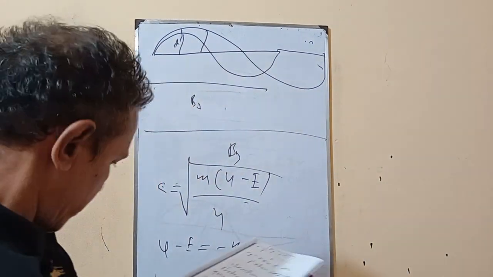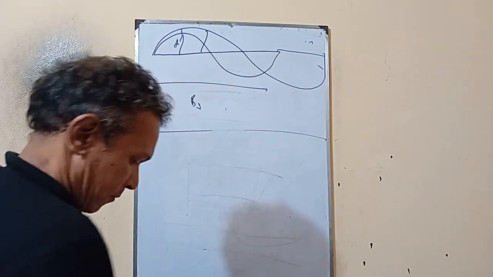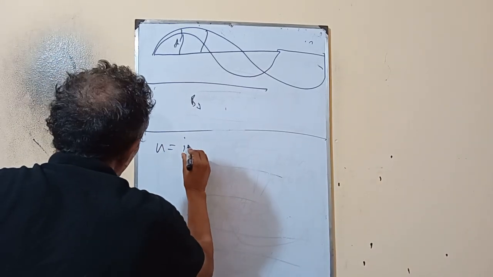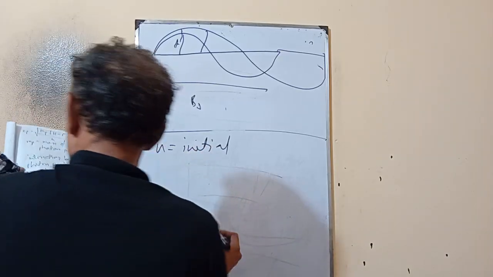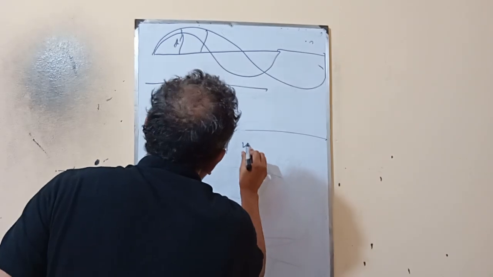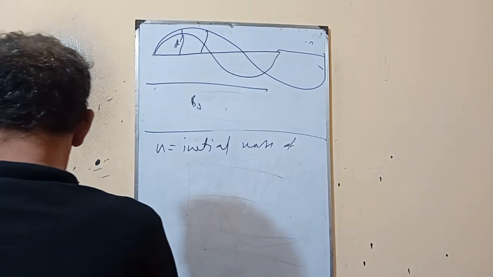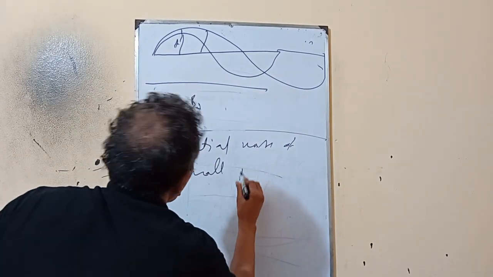Then decay of injection. Now we have to have initial U, initial mass of small particles.